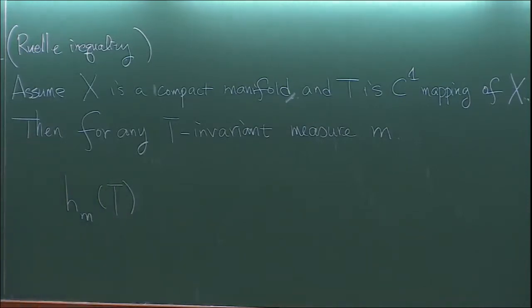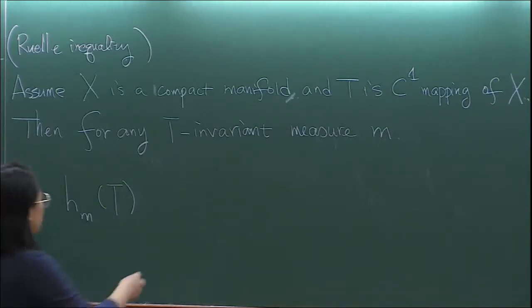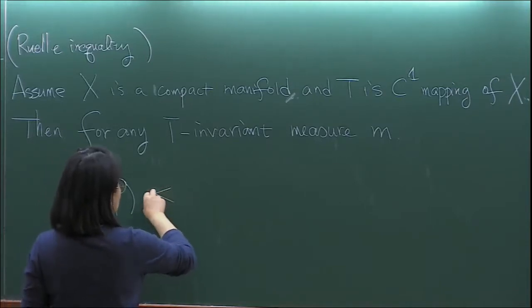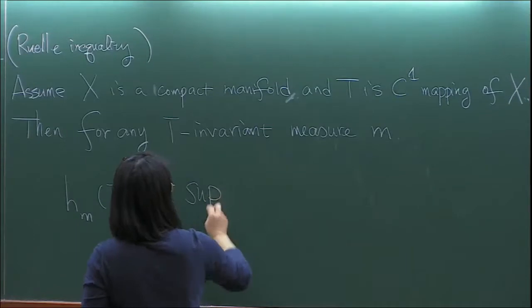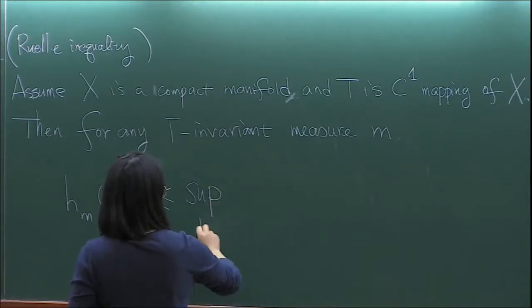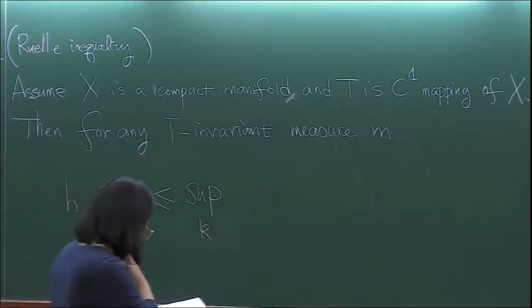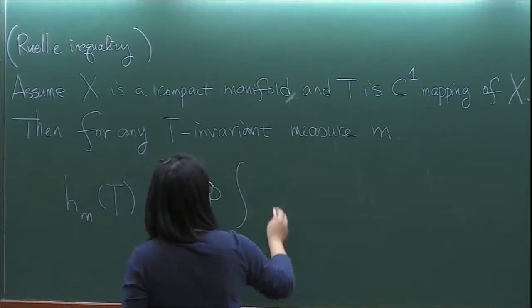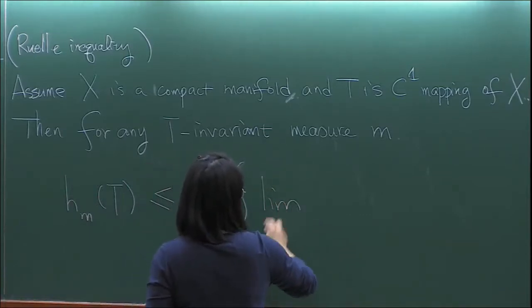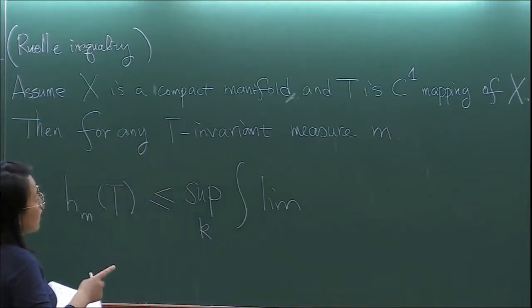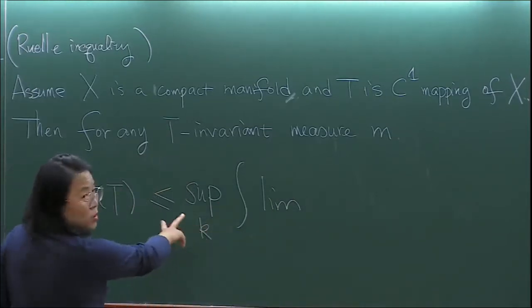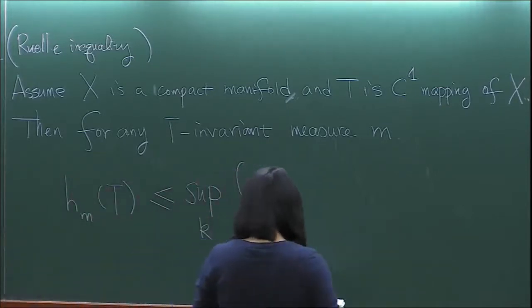the measure theoretic entropy of this mu is less or equal to the supremum over k of the average growth rate of the k wedge products, okay?